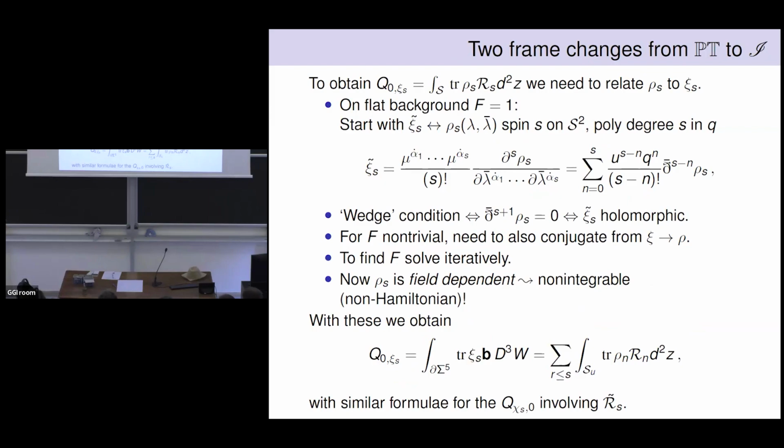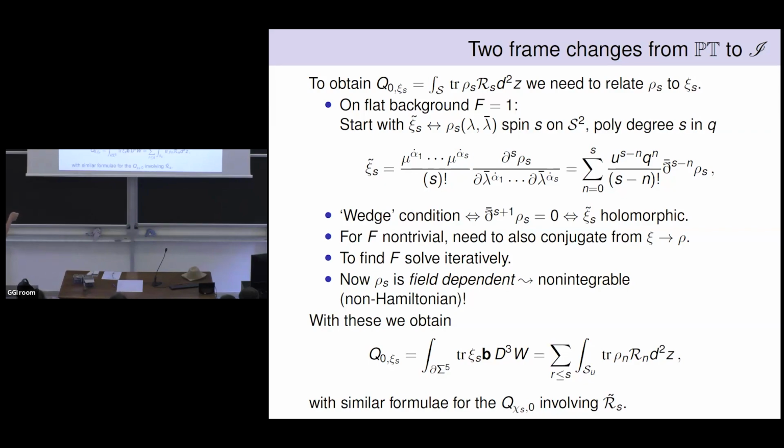But you have to do a certain amount of work to turn this into something that's going to live in twistor space, which is this psi tilde. And then this wedge condition that we had was the condition that this psi tilde is actually independent of lambda bar.